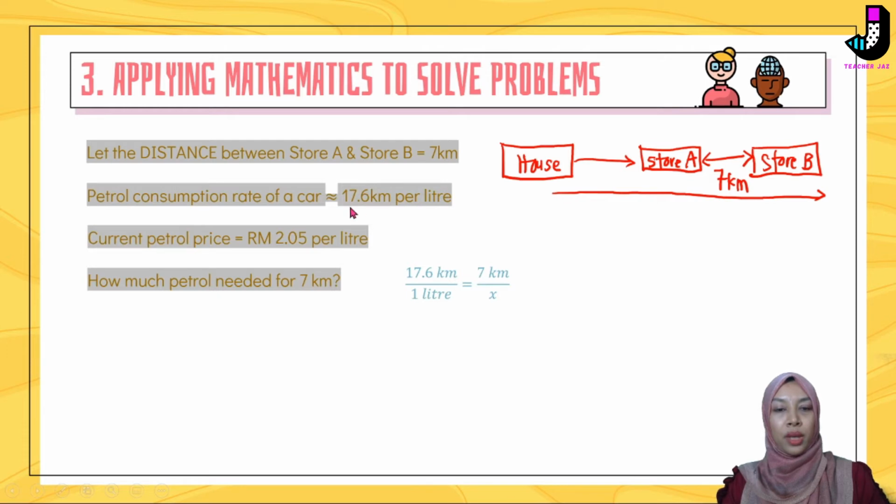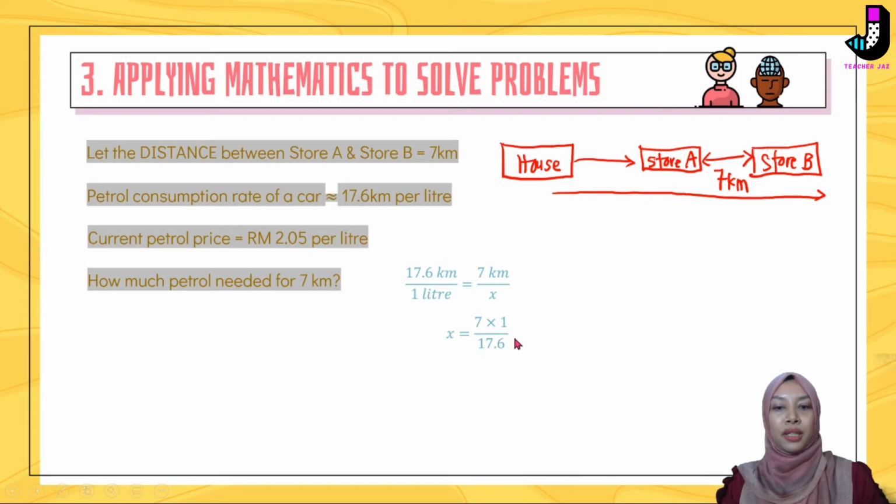The second row, 17.6 kilometer per liter, can be written like this: 17.6 kilometer over 1 liter. It will be equal to 7 kilometers over X, because you need to know the X. And then I'm going to do the cross multiplication here. This X, you put on the left side, and this 1 liter, you move to the right side.